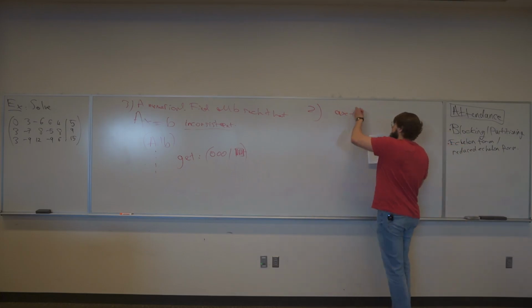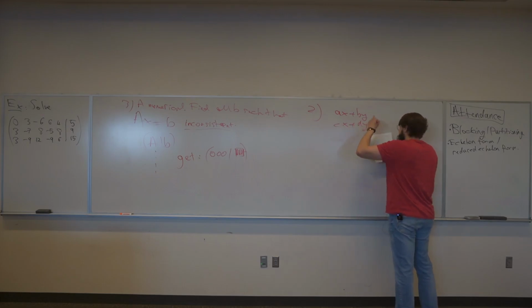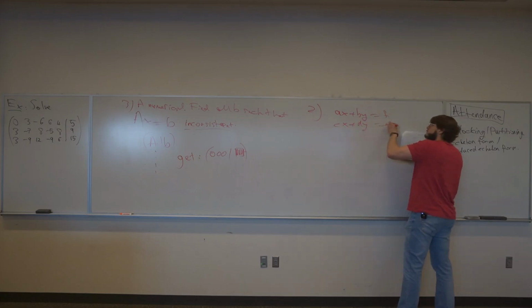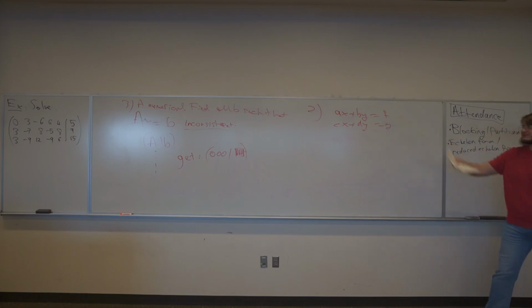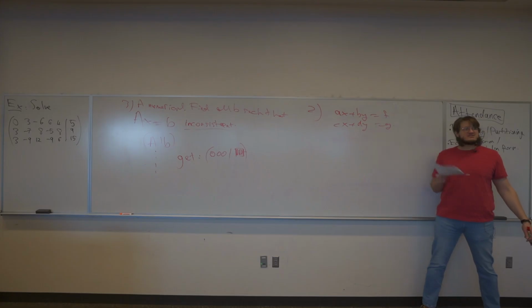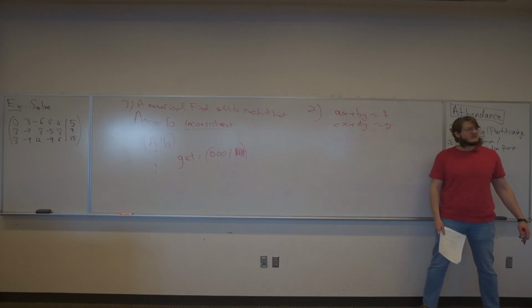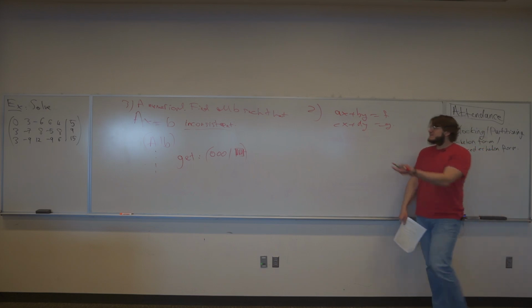So ax plus by equals f, cx plus dy equals g. Instead of x1, x2, I'm just going to use x and y. But you want this to be consistent for all f and g. Then you're asking, what can you say about A, B, C, and D? So for instance, this cannot happen.